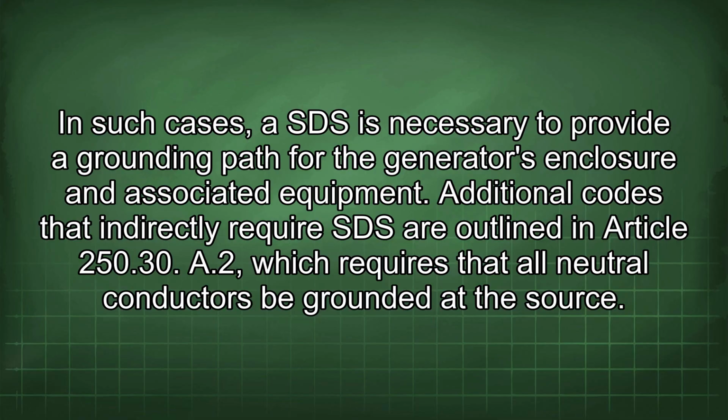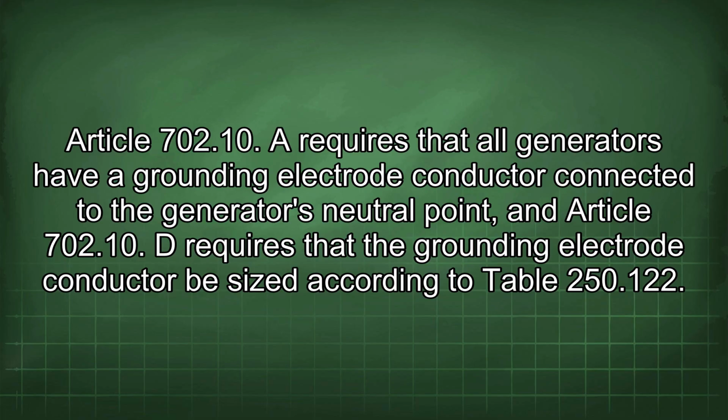Additional codes that indirectly require SDS are outlined in Article 250.30(A)(2), which requires that all neutral conductors be grounded at the source. Article 702.10 requires that all generators have a grounding electrode conductor connected to the generator's neutral point, and Article 702.10(D) requires that the grounding electrode conductor be sized according to Table 250.122.